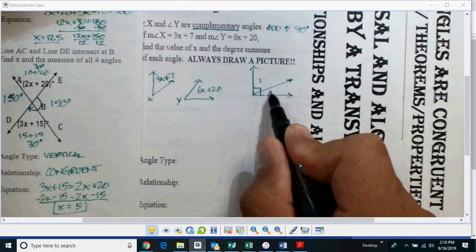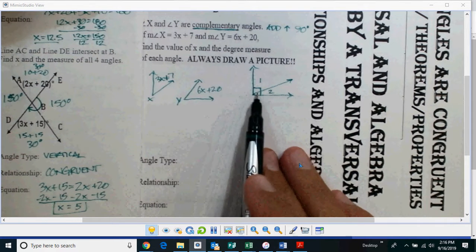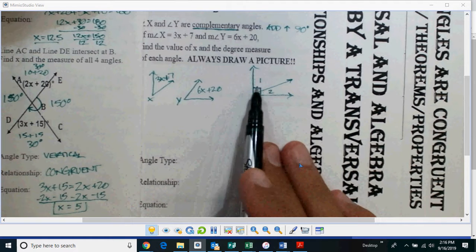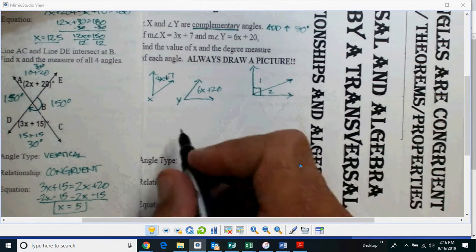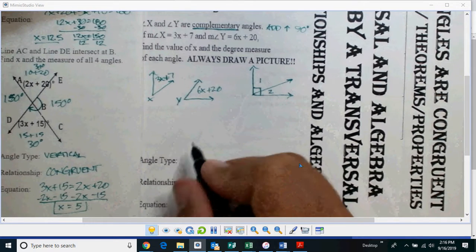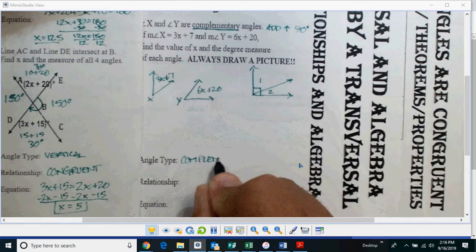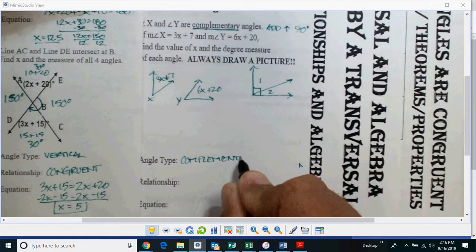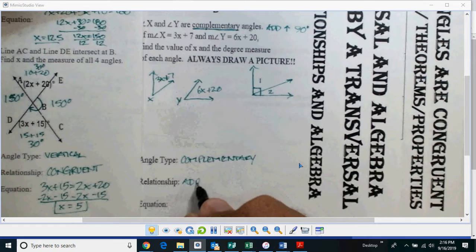So in this case, what's true of angle 1 and angle 2? They add up to 90, right? They must be complementary because this part tells me that's 90 degrees, and I know 1 plus 2 equals this whole thing. So now, we're told these are complementary, which means they add up to 90.